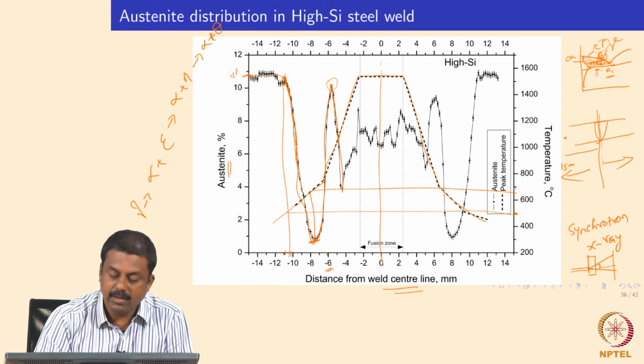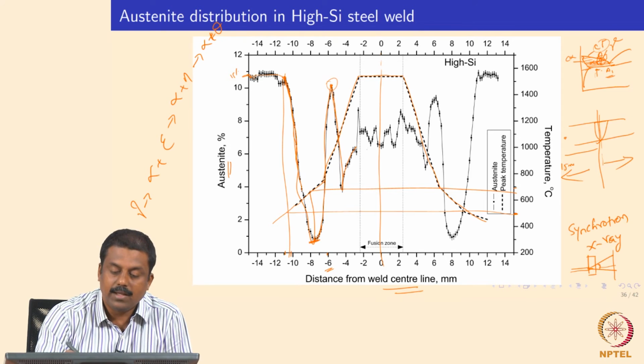And if you move close to the fusion boundary, then again the austenite fraction will increase. Why? Because the carbon can also migrate from the weld zone when it is solidifying. When delta ferrite nucleates at the fusion boundary, delta ferrite sends out carbon because of the low solubility of carbon in delta ferrite, and this can send carbon to the weld center line as well as towards the austenitic region in the heat affected zone, the coarse grain heat affected zone.